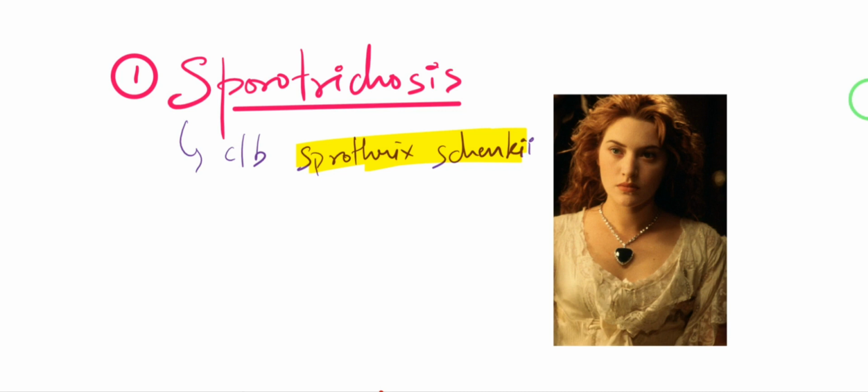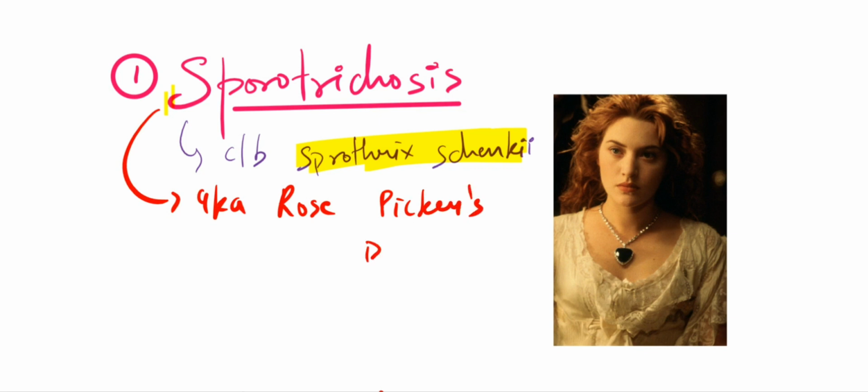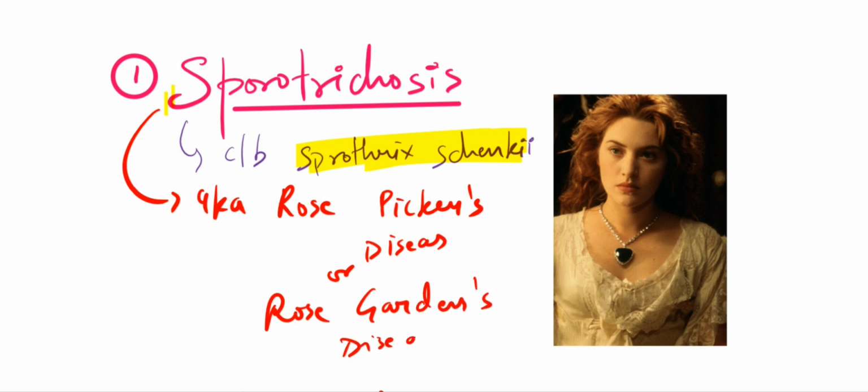Sporotrichosis is also known as rose picker's disease or rose gardener's disease. To help you remember that, I have put up the beautiful picture of Rose from the Titanic. So I hope this helps.